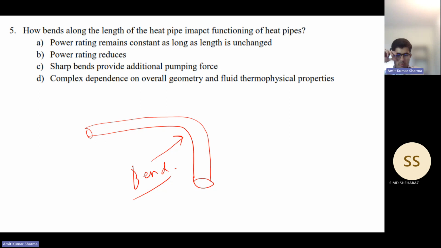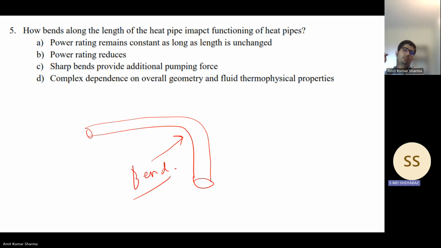Tell me, what will be the effect on pressure heads? Pressure is going to reduce, sir. Okay, so pressure will reduce, then what will happen? What will be the effect of that on the capillary pressure head?